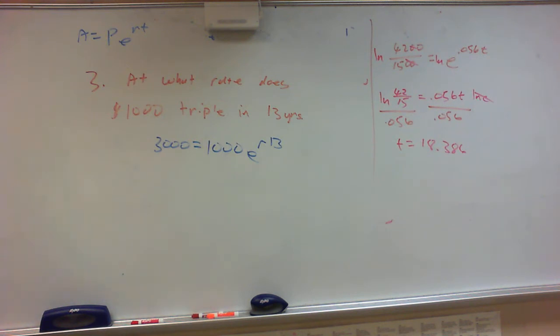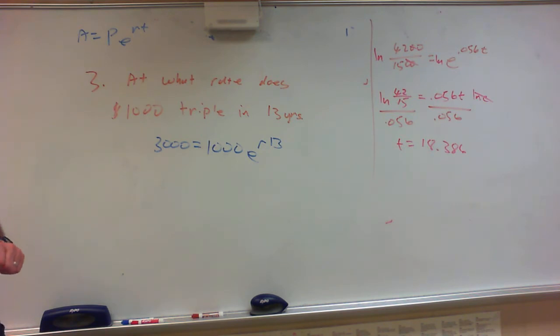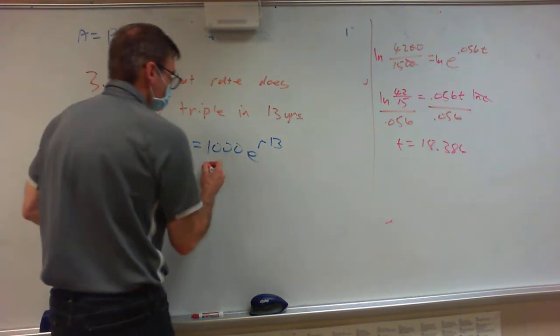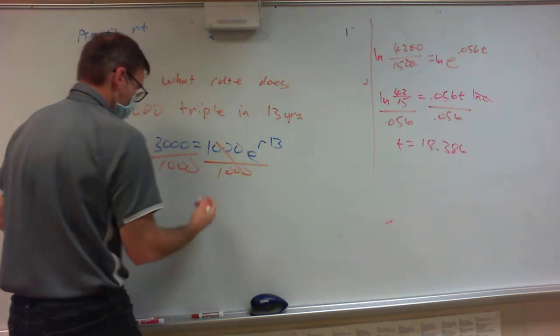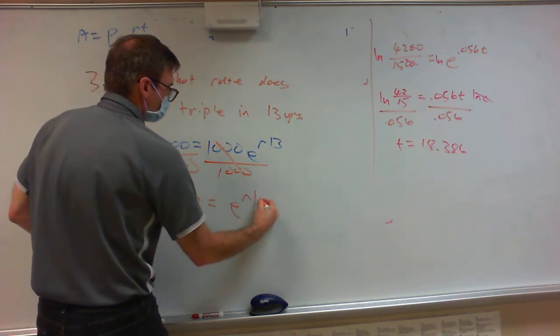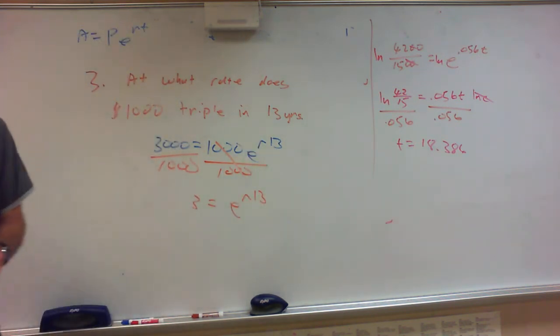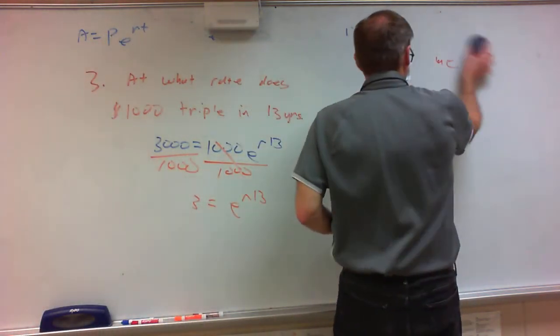Everybody okay? All right, so now we solve. What do we do? Divide by 1,000. That's going to give me 3 is equal to e to the r times 13. Now what do I do? Take natural log.